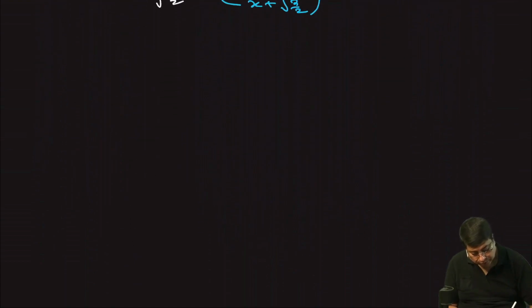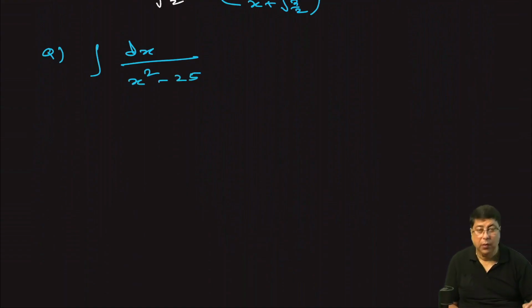Suppose dx by x square minus 25. What to do with this? For x square minus a square, the formula is 1 by 2a log of x minus a by x plus a.